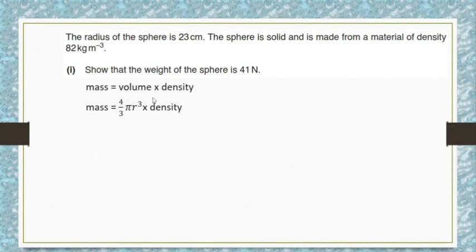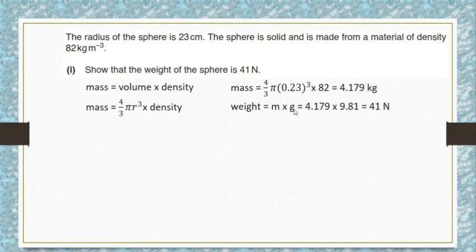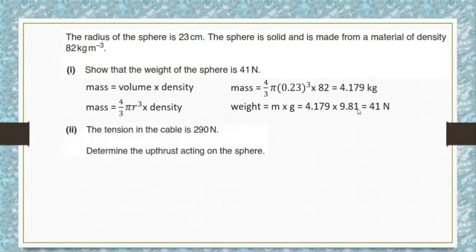R is given as 23 centimeters, 0.23. And the density is 82 in SI units. So we can calculate that the mass is 4.179 kilograms and weight itself is mass times g. So we multiply by 9.81, we get 41 newtons in two significant figures.